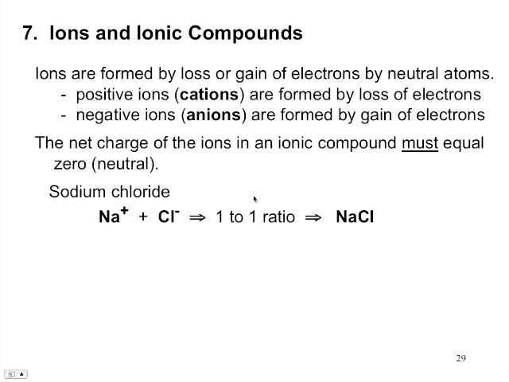The electron goes to the chlorine atom, so it becomes Cl- with a -1 charge and is an anion. Now, we'll show you on the next slide a simple way to memorize that sodium always is +1 when it forms an ionic compound, and chlorine always has a charge of -1 when it forms an ionic compound.